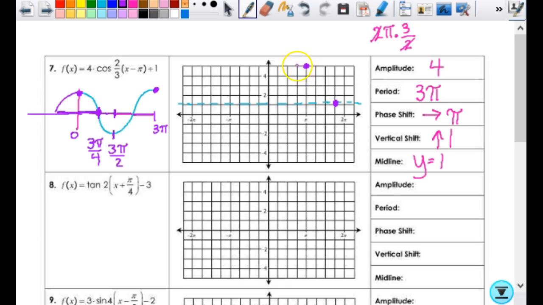So from this point, I can go 1, 2, 3 pi fourths. There's another intercept. And then when I go to the left, 1, 2, 3 pi fourths, and I go down 4. 1, 2, 3, 4. And then I go to the left, 1, 2, 3 pi fourths, I'm back at an intercept. To the left, 1, 2, 3 pi fourths, and I'm back up here.